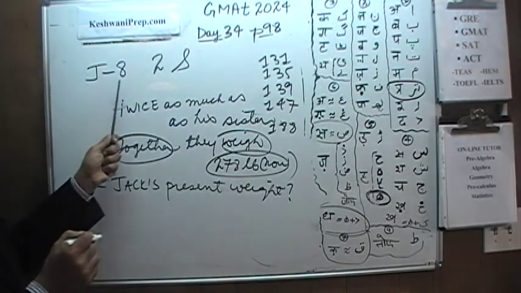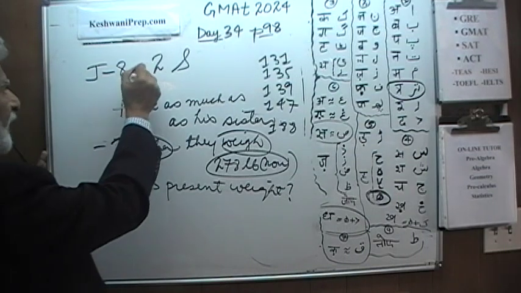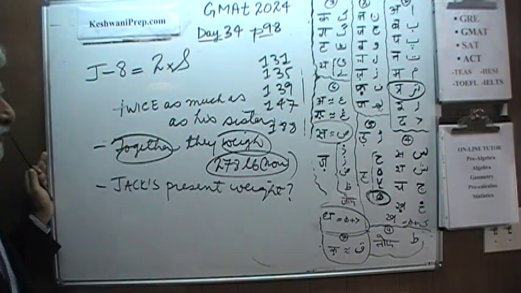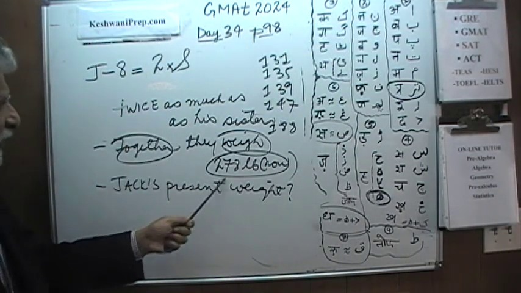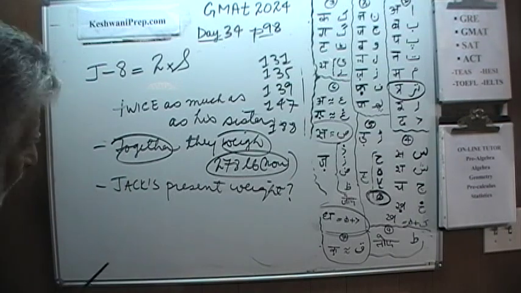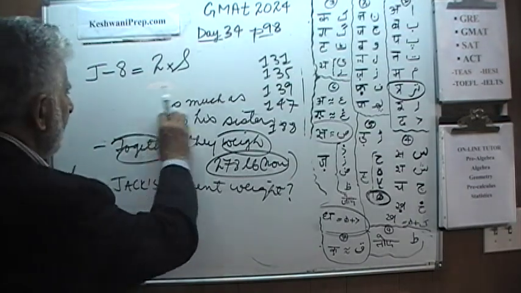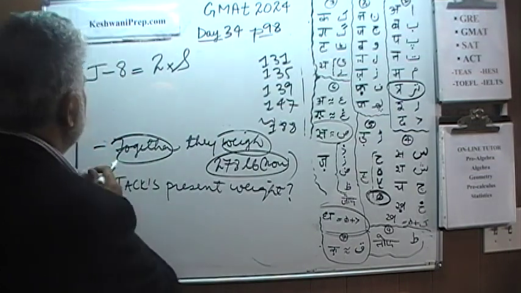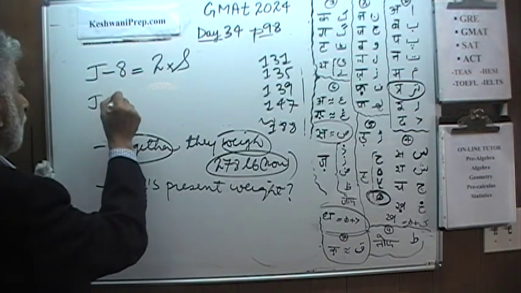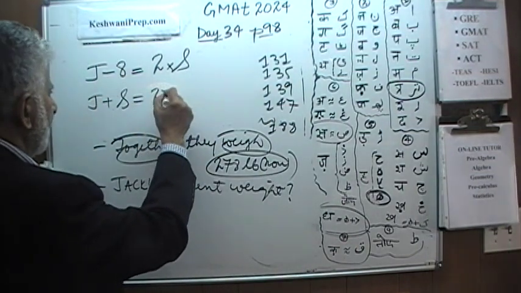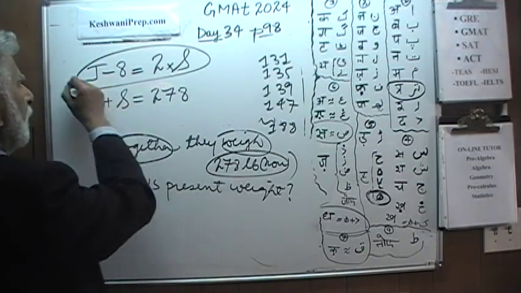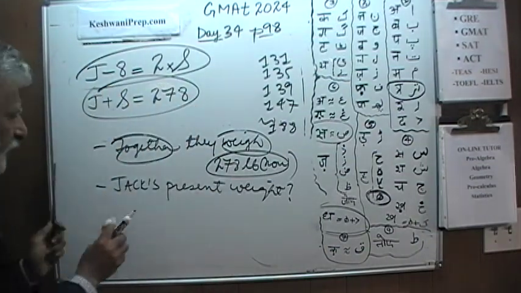So if Jack loses 8 pounds, he will weigh exactly twice as much as his sister. That's one equation. And here's our second equation. Together they weigh 278. Those are the two equations we can deal with, and that's all it is.